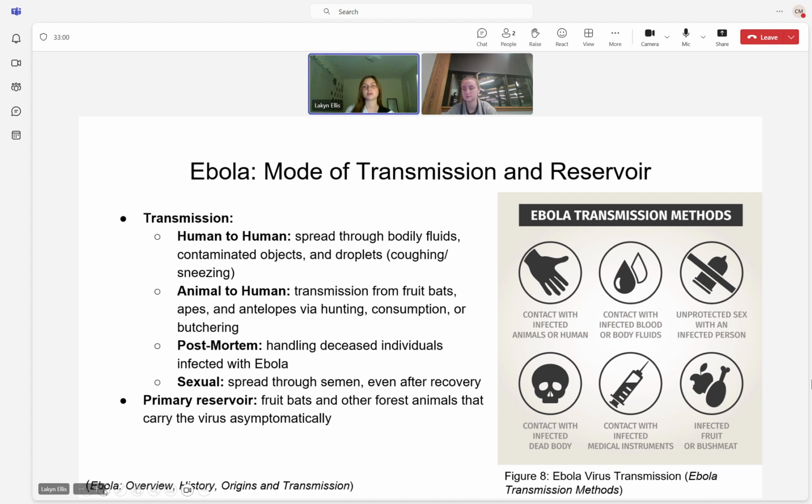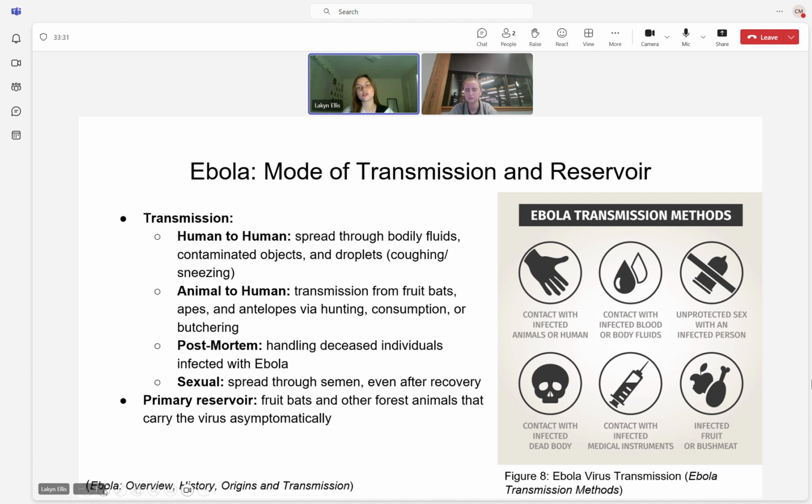And the mode of transmission for the Ebola virus, its primary mode of transmission is from fruit bats and other forest animals like apes or insects that are asymptomatically carrying the virus, and it's spread through bodily fluids like coughing or sneezing, from human to human. And then from animal to human, it's from fruit bats, apes, and antelopes via hunting, consumption, or butchering of these animals.